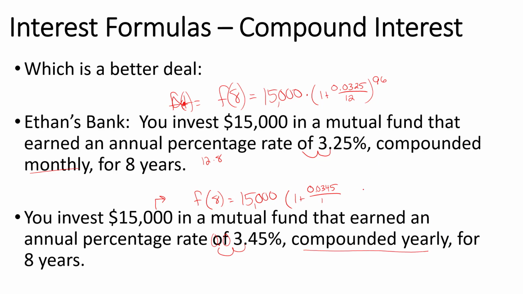That's just once per year. Raised to the 1 times 8. Our n value is 1. Our time is 8. And now that you have the two equations, you can plug both into your calculator, find their value, and determine which one is going to be a better deal for your money.